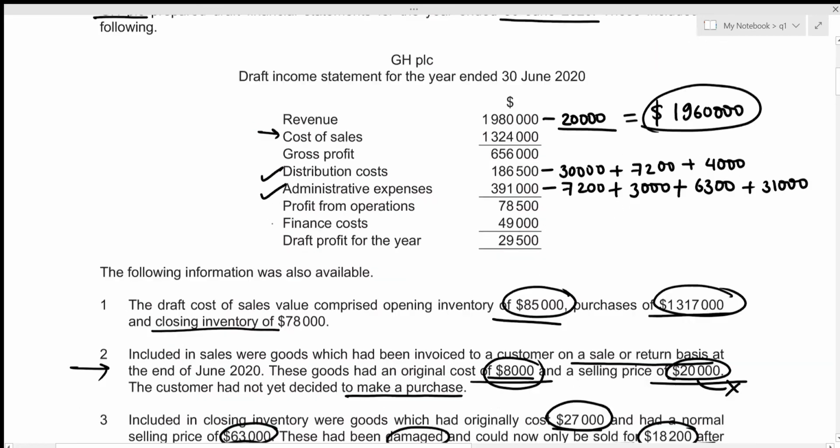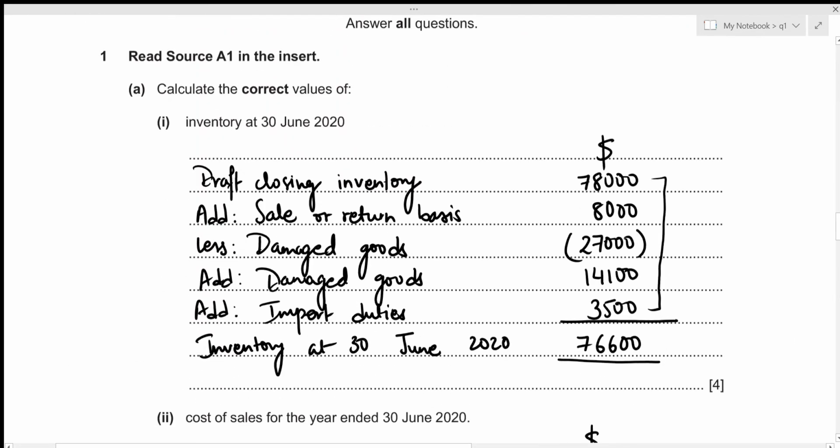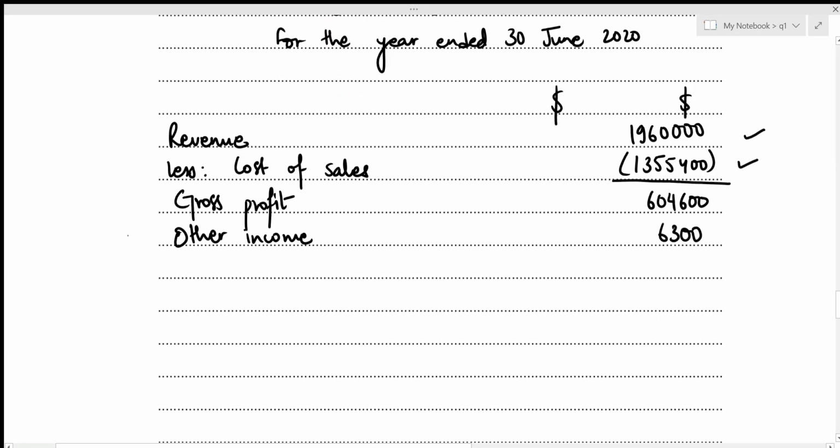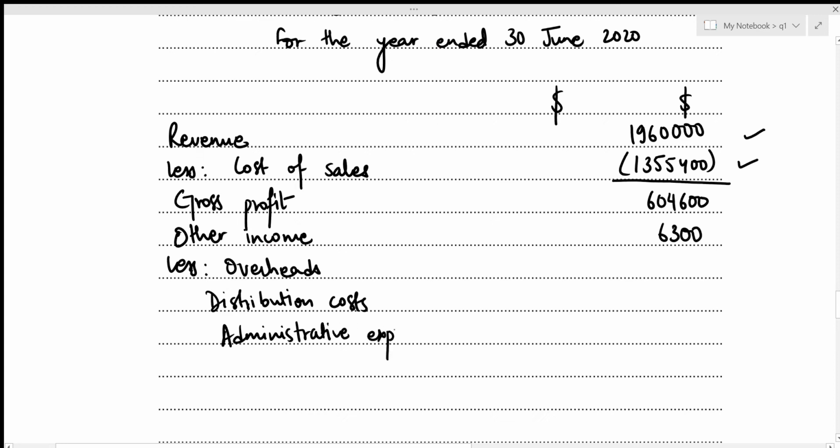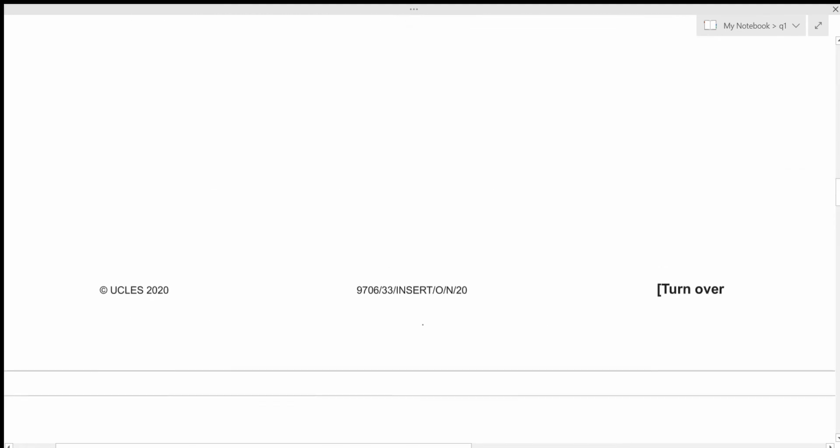So let's just write the headings down first. That's less overheads, and we have our distribution cost and administrative expenses. And we have already adjusted, we just need to figure out the total.